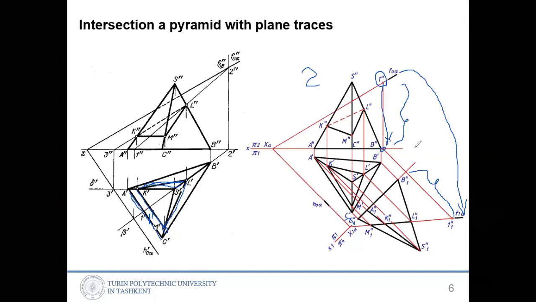So what else? We are making every projection on that one, from A dash, B dash, and C dash, everything, and from S dash, we are measuring from here, for example, for S2 dash, everything, and then we put it here.